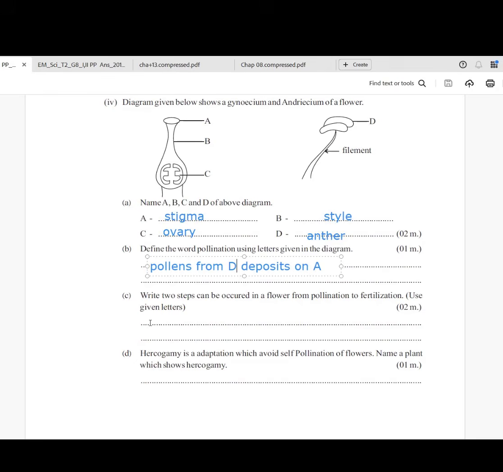Write 2 steps that occur in a flower from pollination to fertilization. Use given letters.